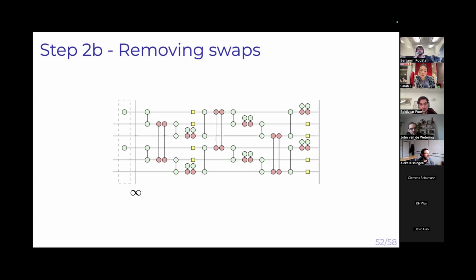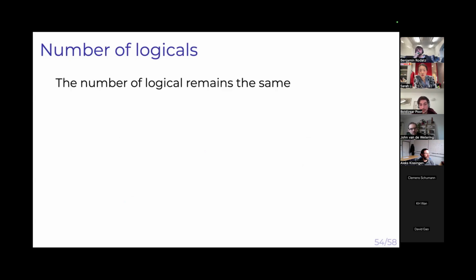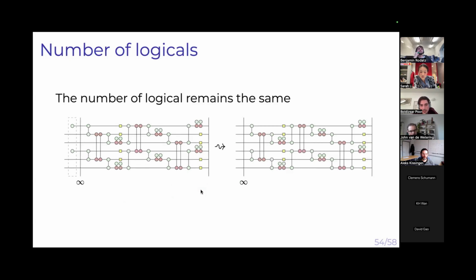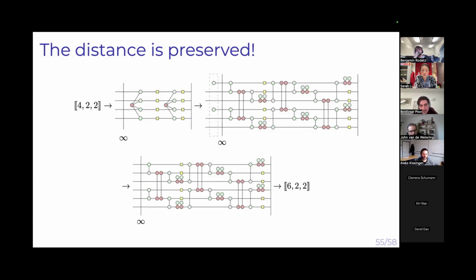The reason for that is the number of logicals remains the same. If you think about these things, the number of logicals will be the same, being just this one. So in here also the number of logicals remains the same, meaning that from the 422 code we have gotten this one, and if we forget about this bit, we get the 622 code.